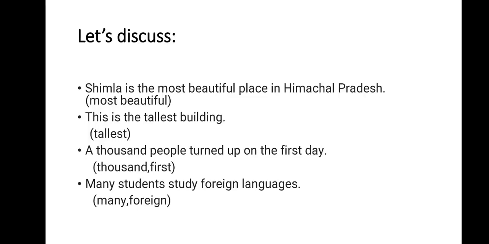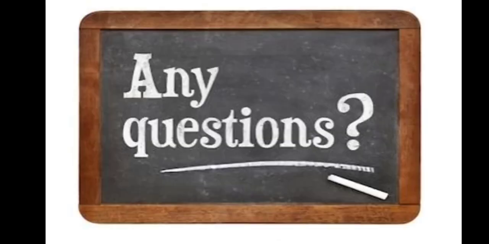The word many describes the word students, and the word foreign describes the word languages. How many students were there? There were many students. What language are they studying? They are learning foreign languages. Very good, children. Very good.